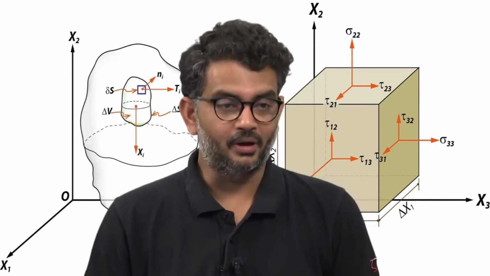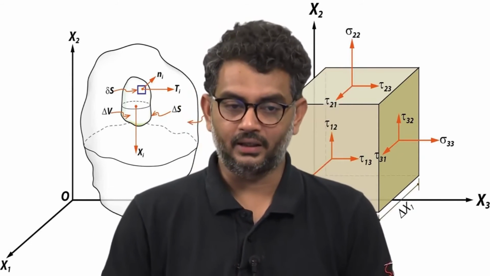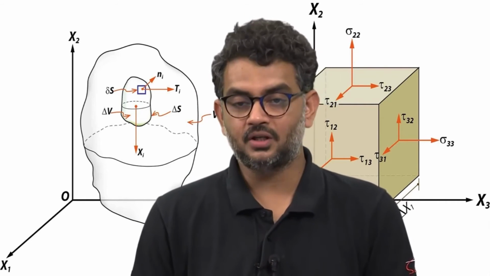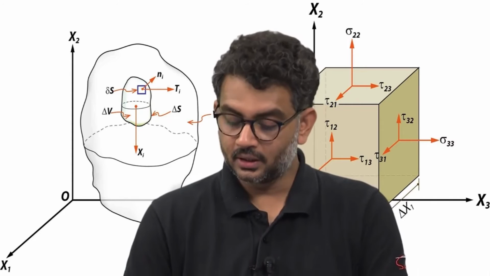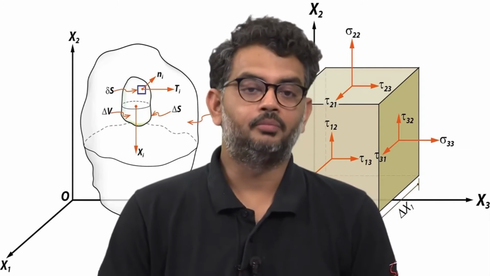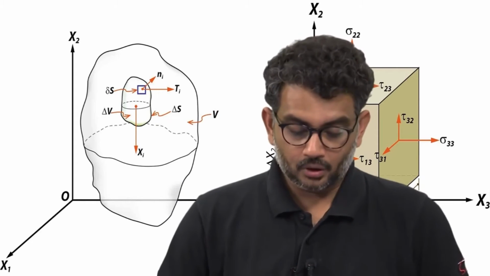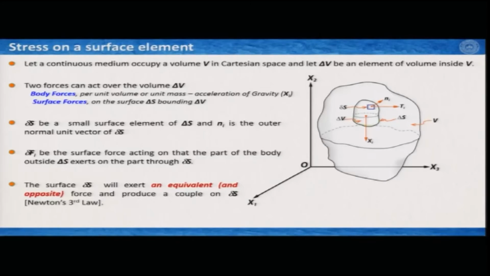Now, in this segment we will learn mathematically how to express stress on a surface, and for that we will consider some approximations under the broader umbrella of continuum mechanics. So, for stress on a surface element, let us consider a continuous medium which is occupying a volume V, which is this larger area that you see, this one.